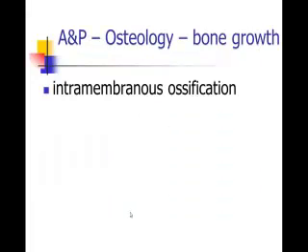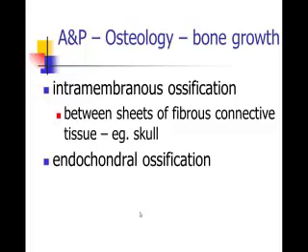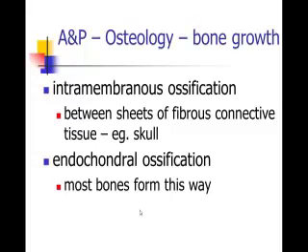Now there are two kinds of ossification. There's intramembranous ossification. This occurs between sheets of fibrous connective tissue, for example, between the bones of the skull. And we also have endochondral ossification. Endochondral ossification is the more common type of bone formation.